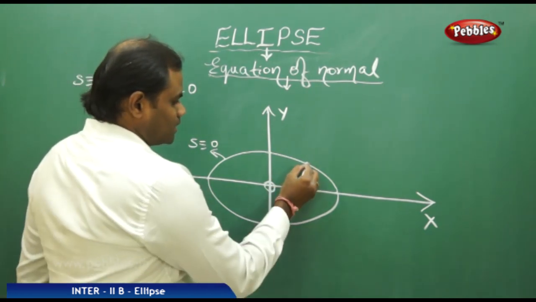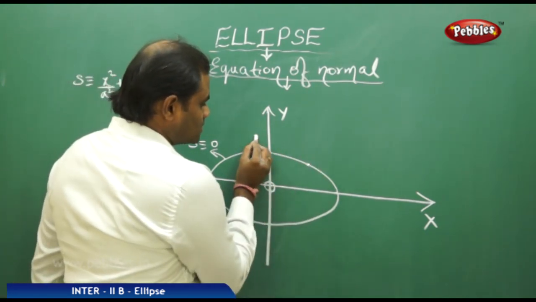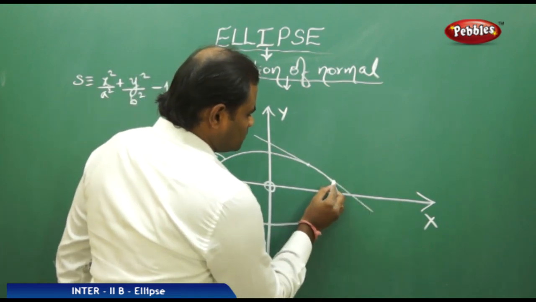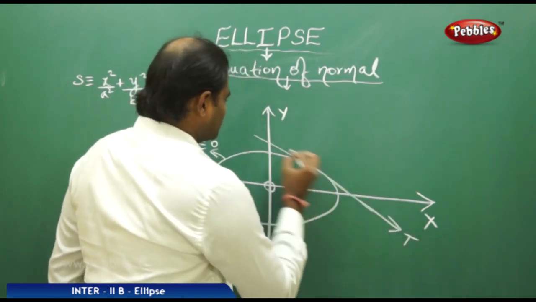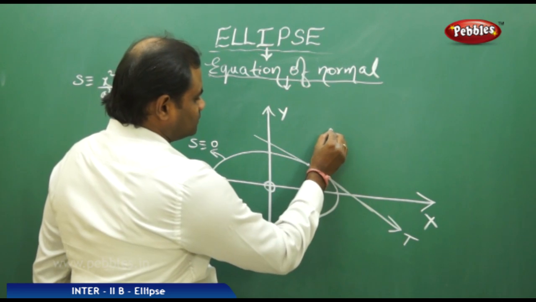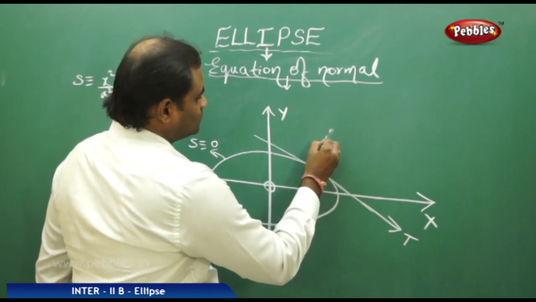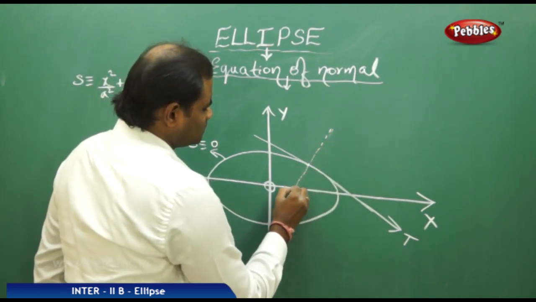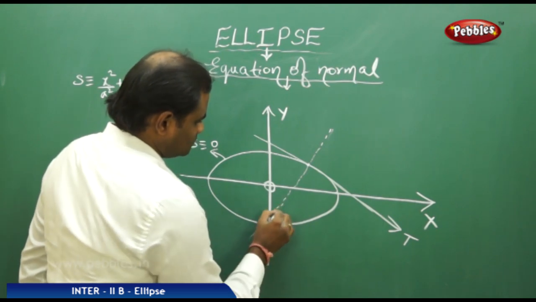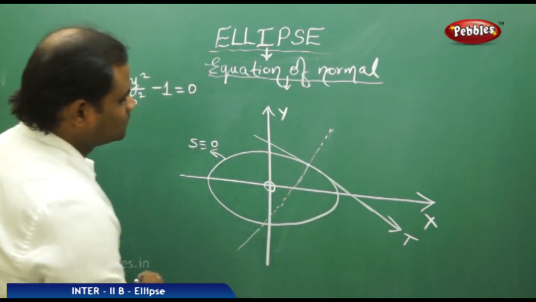And say I have the normal existing at this point, where this is the tangent and I have the normal here.